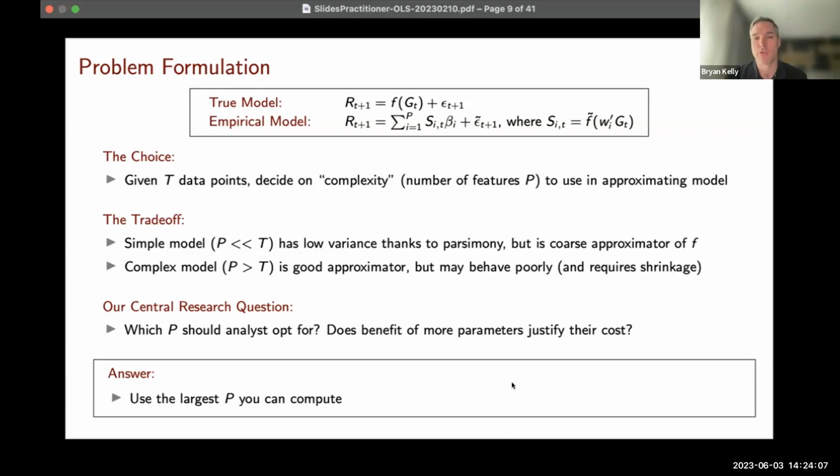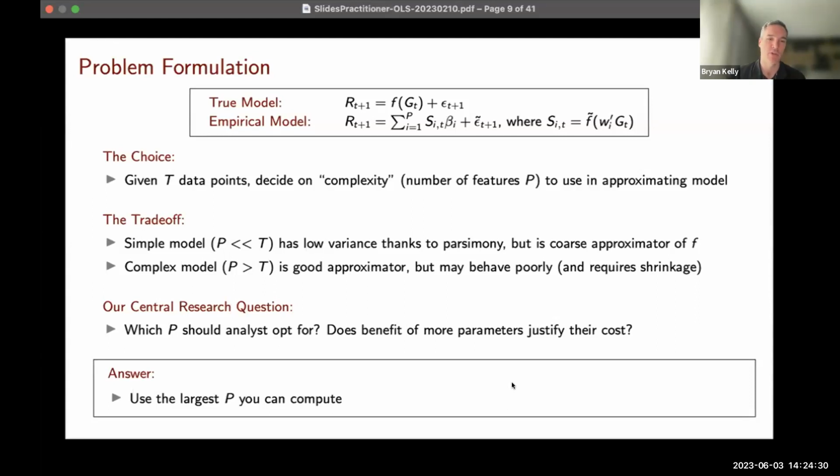We're going to be talking about performance both in terms of forecast accuracy, so things like R-squared or MSE. But for my purposes, what I'm most interested in is what complexity means for portfolio performance. Once I build this model and I use it to construct an optimal portfolio, does the portfolio behave better when I make P larger?